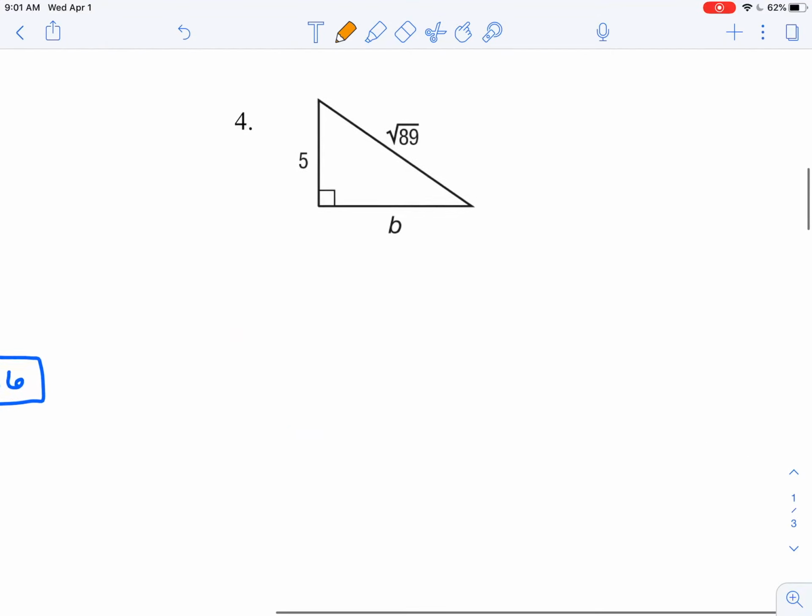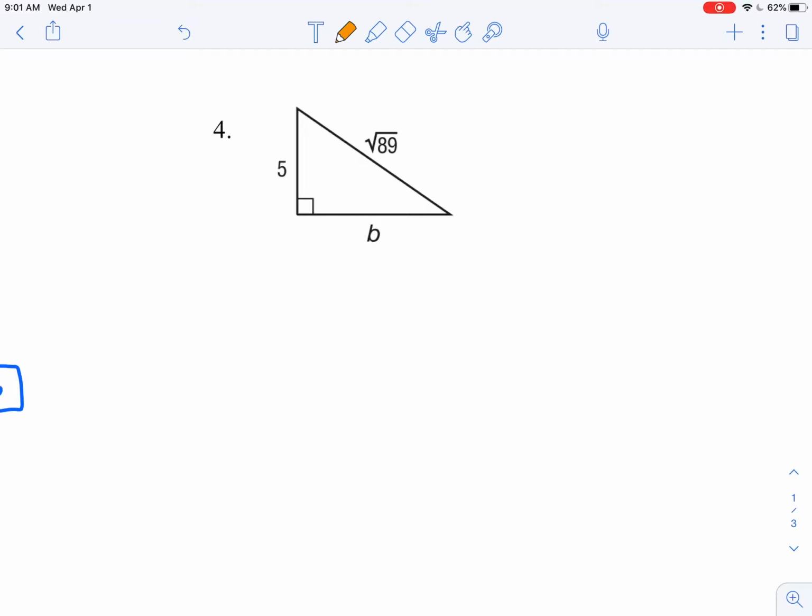And the last example over here, question number 4, we have the hypotenuse. We have one leg. We're missing the other leg. So when we plug into Pythagorean theorem, 5 squared plus b squared equals the square root of 89 squared. 5 squared is 25.